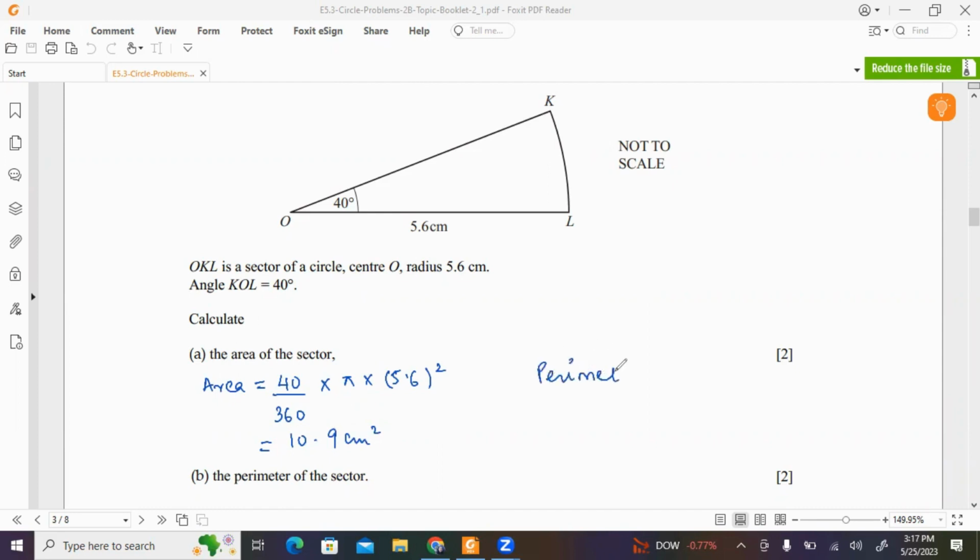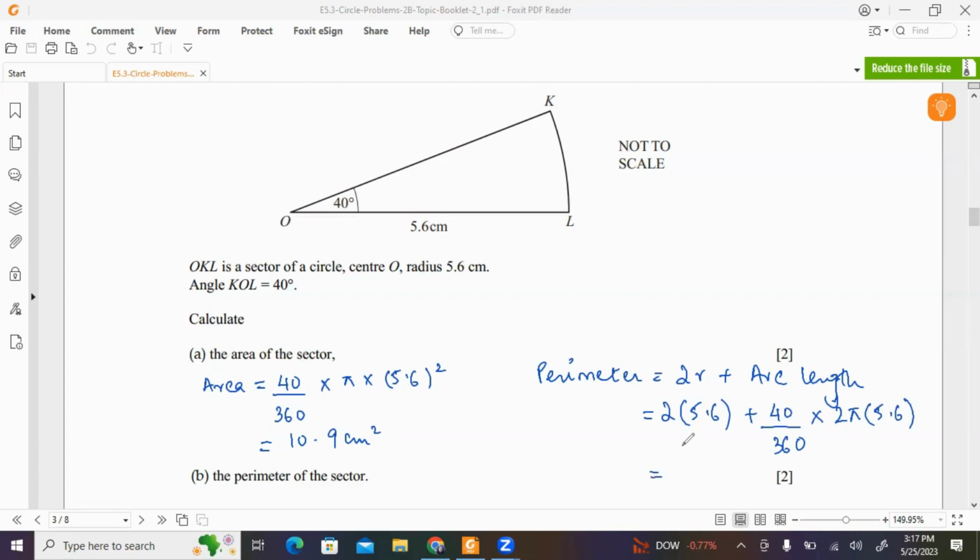For the perimeter, like we did in the previous case, 2r plus the arc length. So 2 times 5.6 plus 40 degrees over 360 degrees times 2 pi times 5.6.